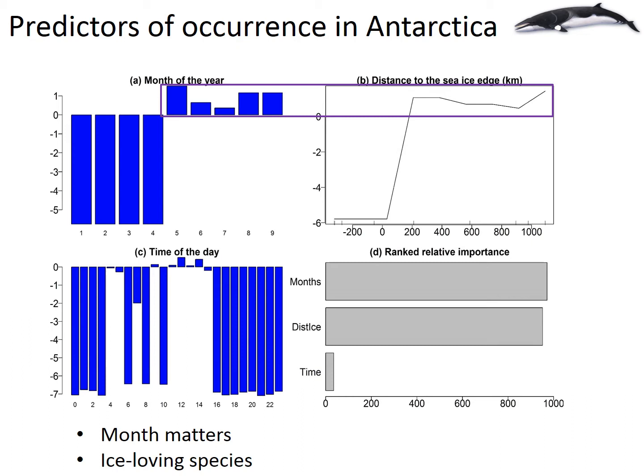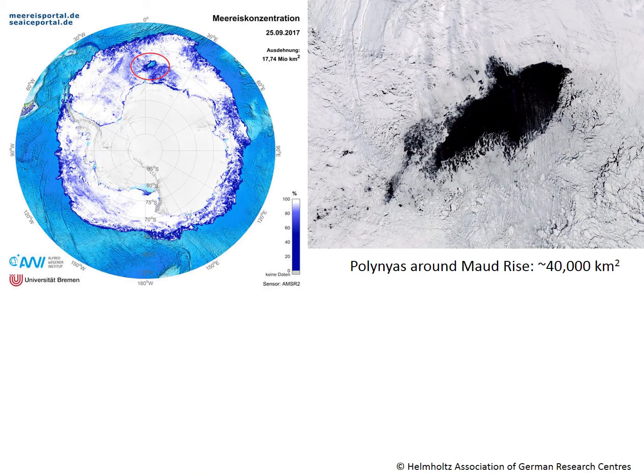Our random forest model results showed that month of the year and distance to the sea ice equally predict the occurrence of these whales in Antarctica. That's month matters, and given that this is an ice-loving species, it does make sense that distance to the sea ice edge is important.